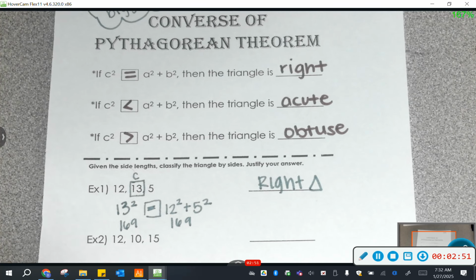I want you to do number 2. Go. Find your biggest number. Square it. Then the other two, square them.